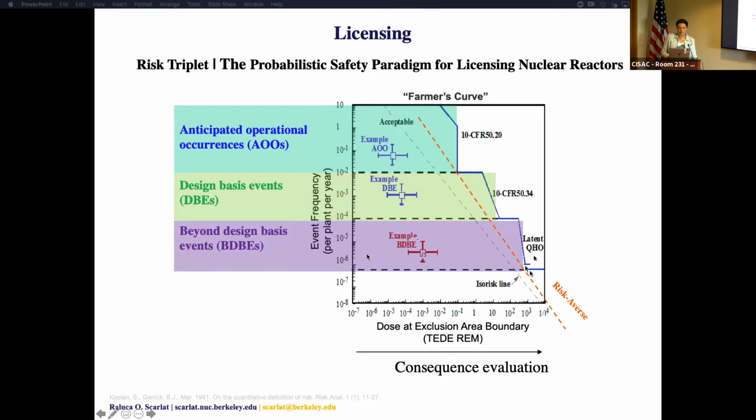acceptable release. But while new technology lies far away from the limits, it has high uncertainties because the data availability is much lower for advanced reactors. And so the challenge is the size of the error bars. It's on the one hand a licensing challenge.